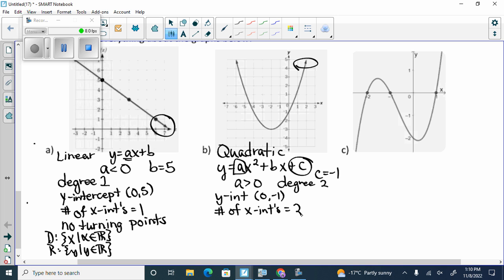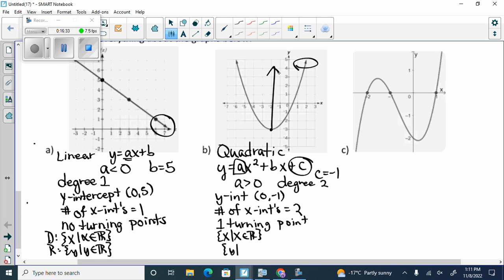How many turning points does this one have? The only equation that has 1 turning point is a quadratic. So the moment they say 1 turning point, you know it's a quadratic. My domain is going to be x ∈ R, because the arrows keep going out for life. My range is the only one that isn't y ∈ R. Now I know the lowest it can be is -3 or above.